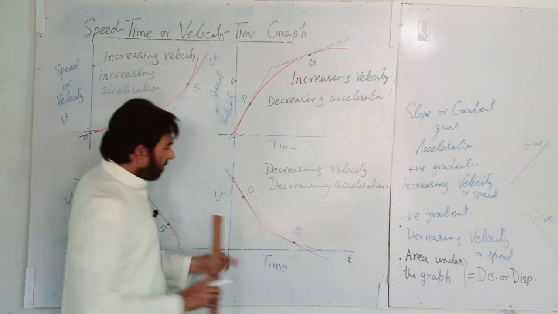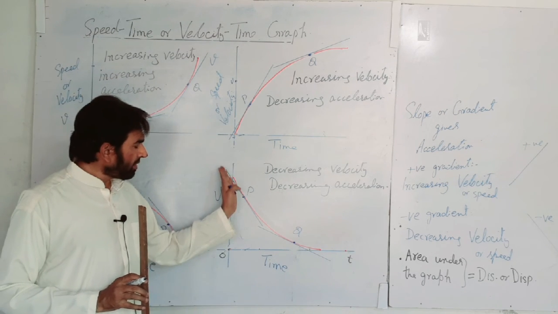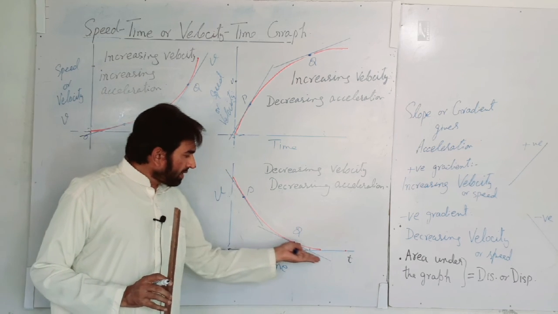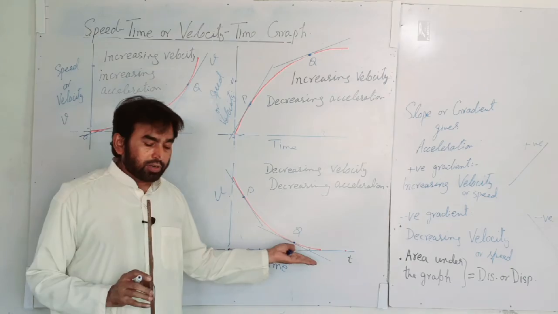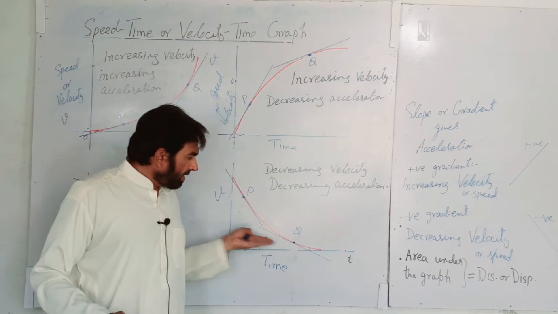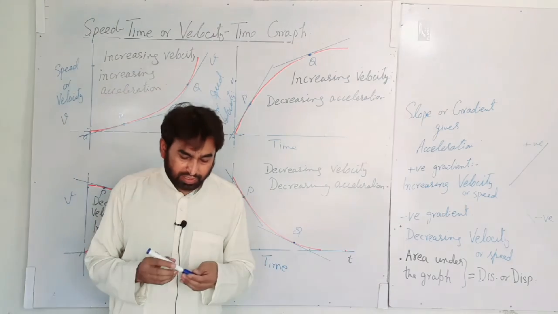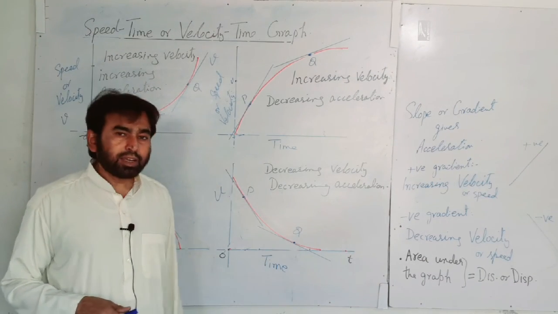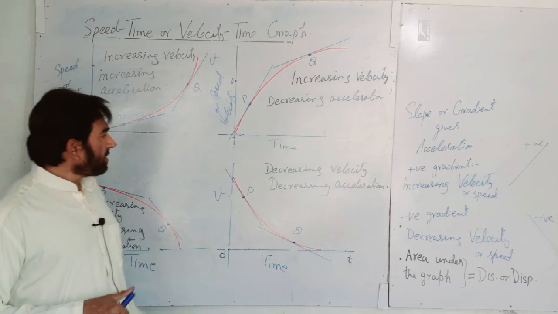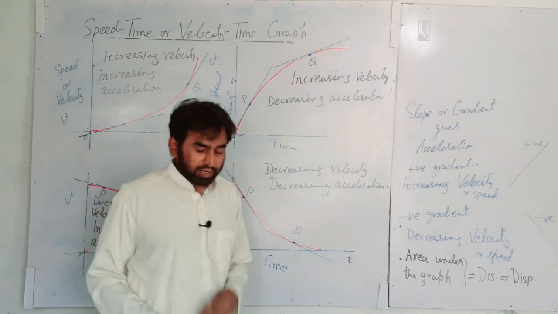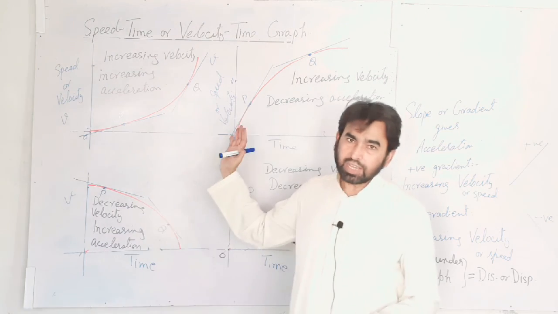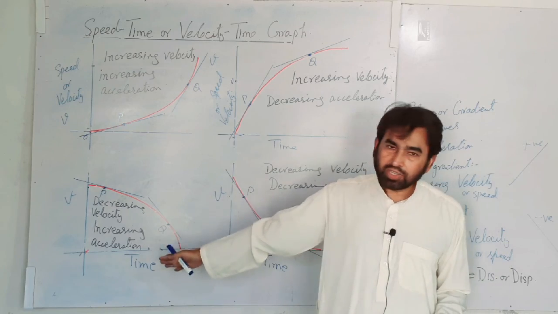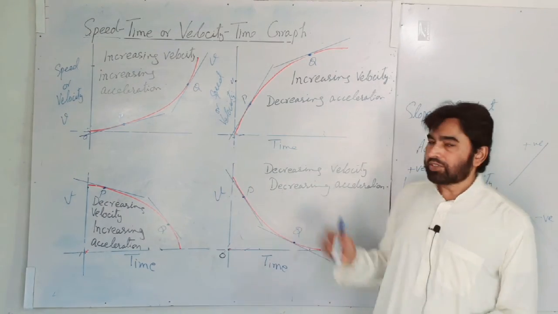So here you can observe that the gradient of the tangent is steeper here and less steep here, or the gradient of the tangent is greater here and lesser here. So it is showing that the acceleration is decreasing. So these are the four major cases: increasing velocity with increasing or decreasing acceleration, and decreasing velocity with increasing or decreasing acceleration.